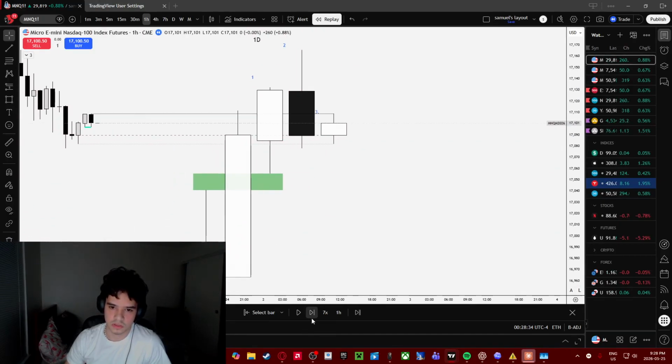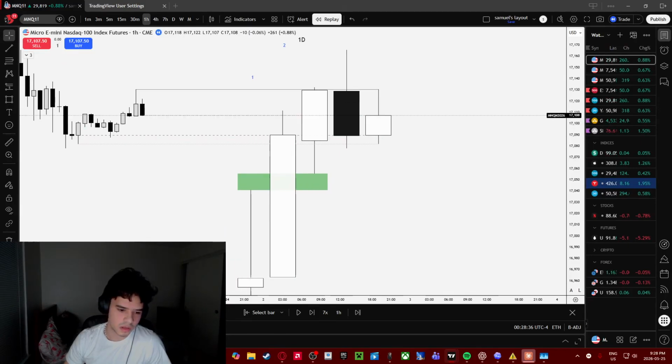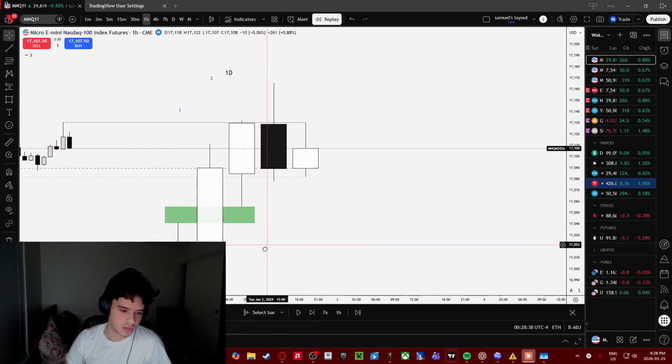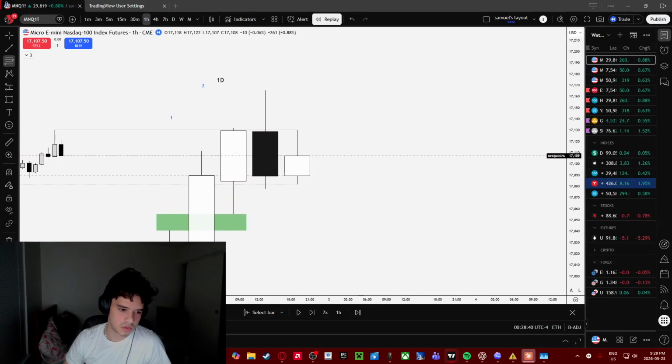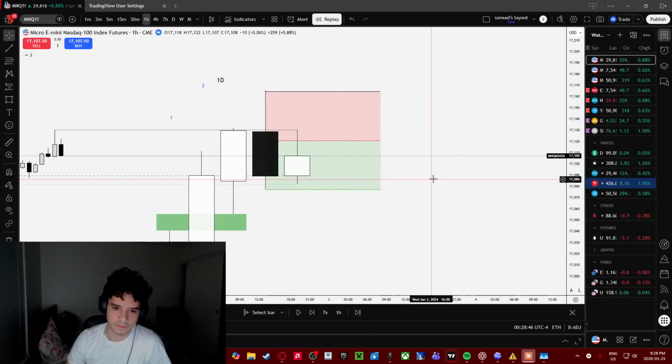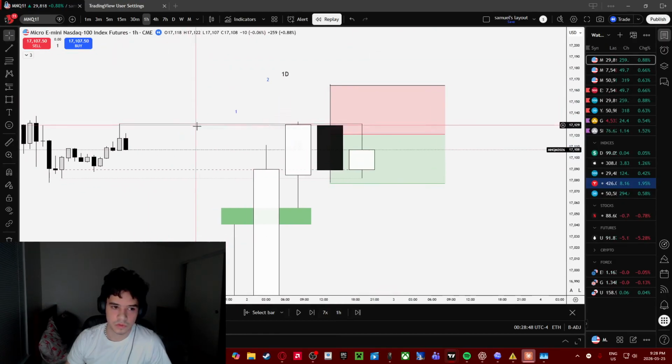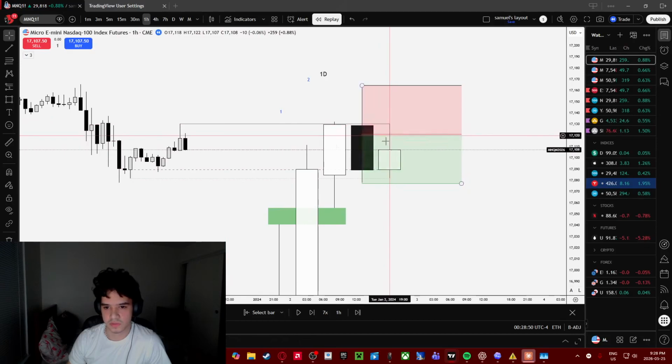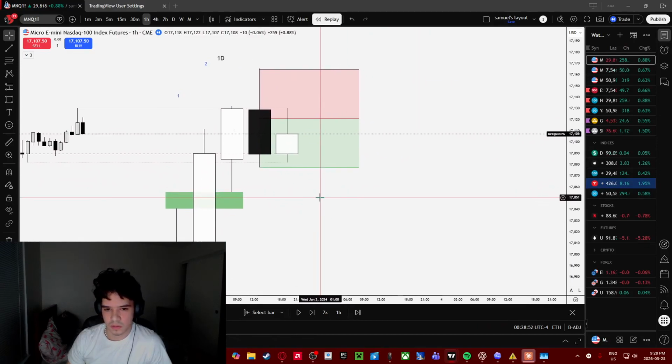The continuation always respects the trend as long as it respects equilibrium, which is the more ideal sequence that you want to follow. You don't really want to trade a candle that's disrespecting equilibrium, but you want it to form its wick.